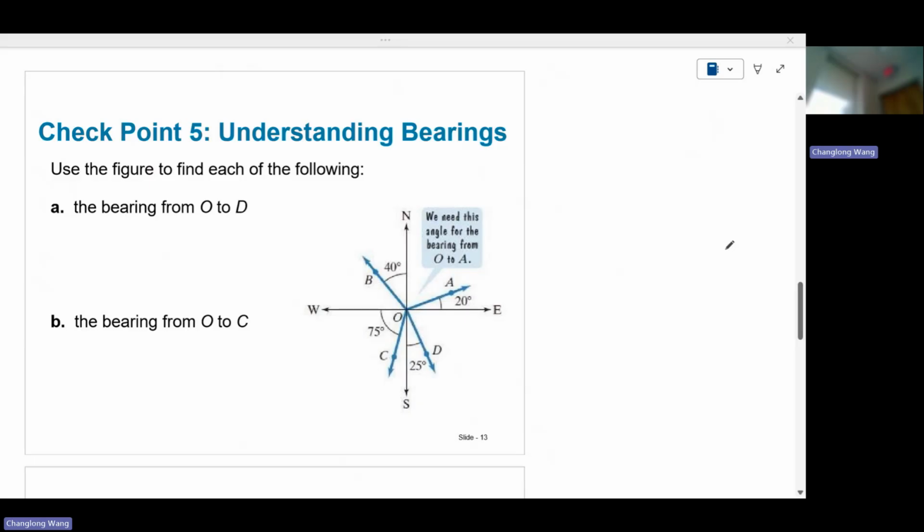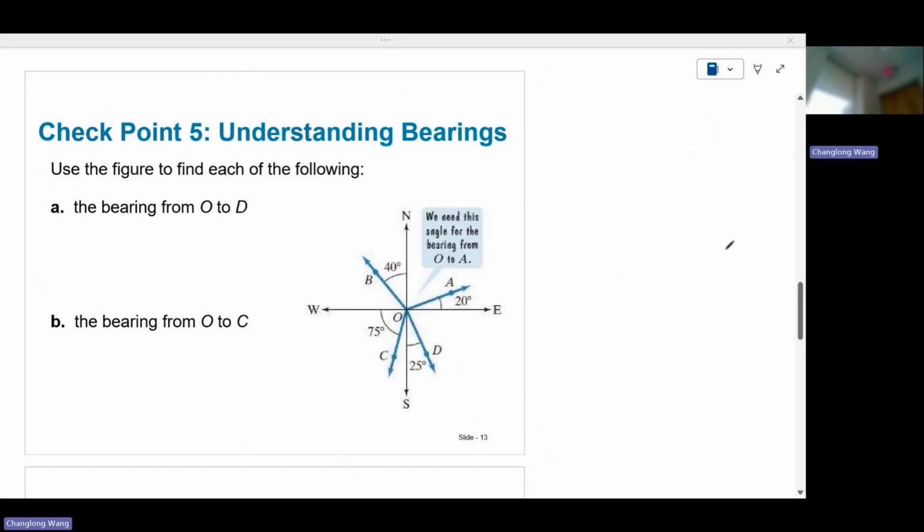How do you specify that direction? The direction OP, you say north 40 degrees east. North is the reference direction you start with, and then you say the angle you turn toward the direction you want. It makes a difference whether you turn eastward and sweep out 40 degrees, or turn to the west and sweep out 40 degrees. It depends on whether the object is on your right or on your left.